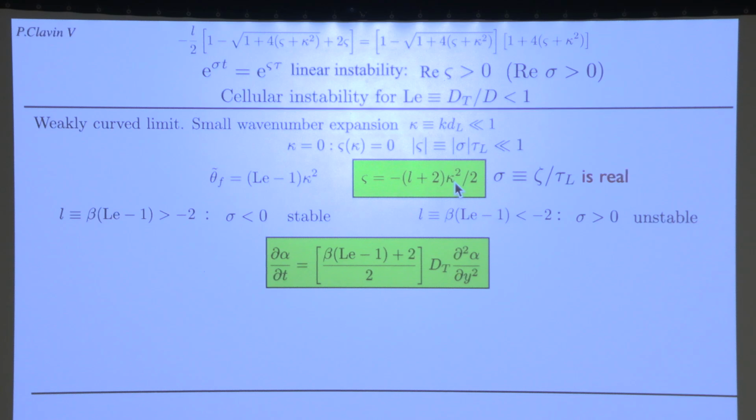And this is written again in original variables here. Okay, this is a reduced variable. This is a diffusion equation that I anticipated to begin with in the last lecture.